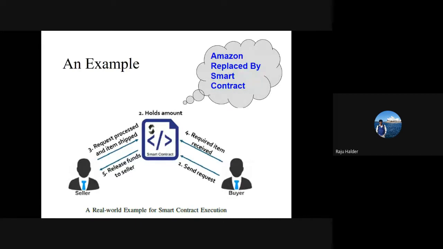But suppose you want to introduce your own e-commerce platform. Do you think that other people will use your e-commerce platform? I want to get your answer. Suppose suddenly you have created one e-commerce platform. Do you think that other people will use it?